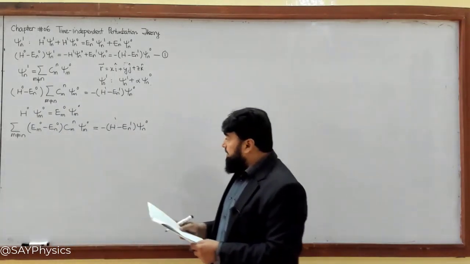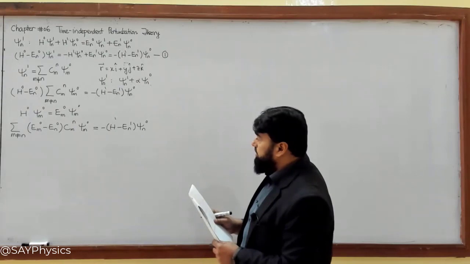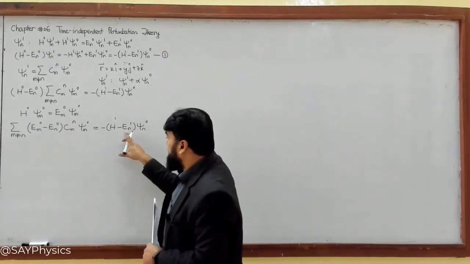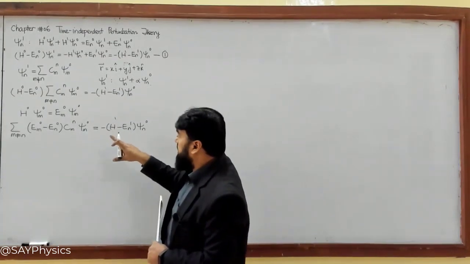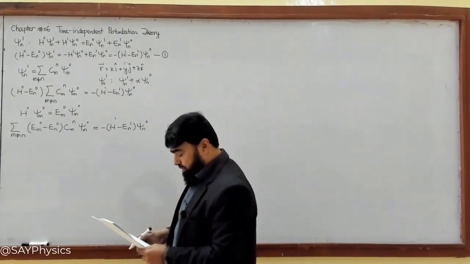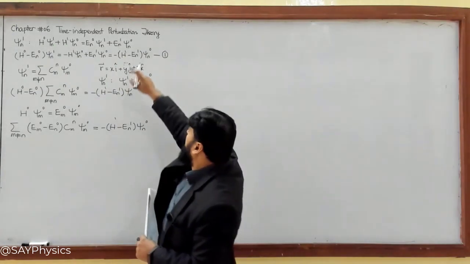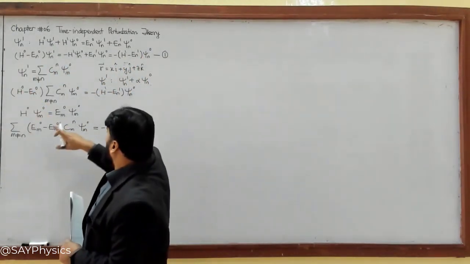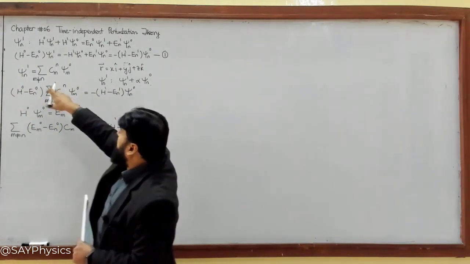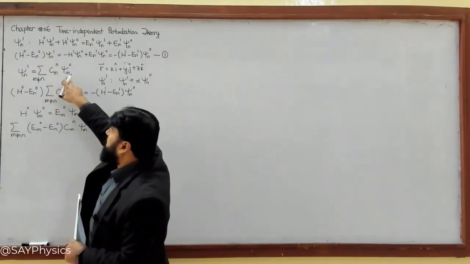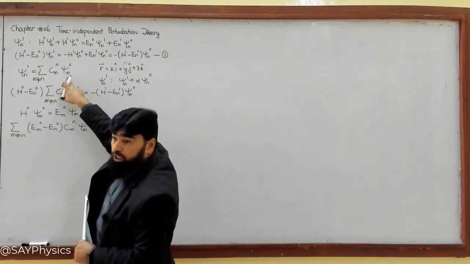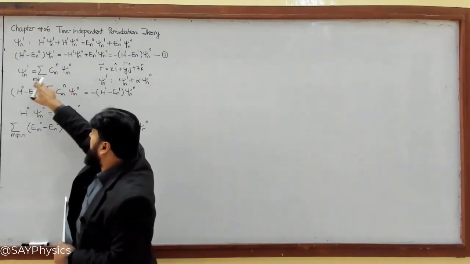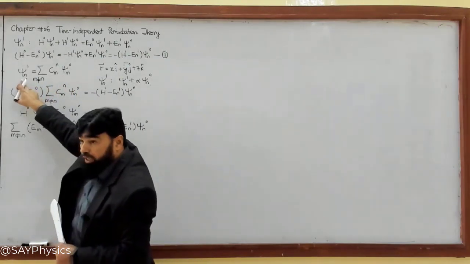Now what I want is the first-order correction to the wave function. That is my job, to find psi n1. I wrote psi n1 as a linear combination of Cmn psi m0.